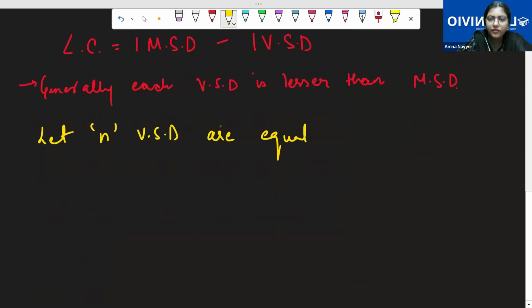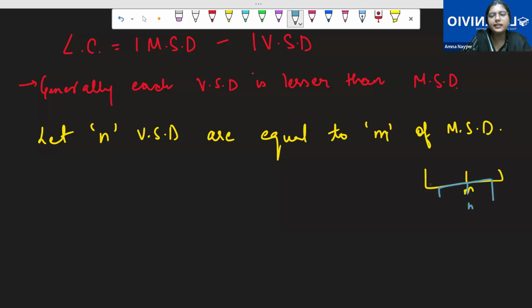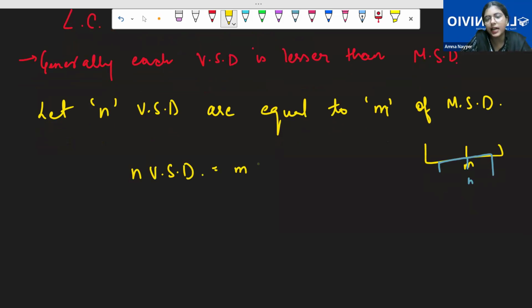Let's say n number of VSD are equal to m of MSD. Okay, means m marking from the main scale, this one m. And if I talk about the Vernier scale, from here, this n. Like this, they both are coinciding perfectly. Which it could be anything. Now you can adjust whatever it is depending upon the question. So just remember, n times VSD is equal to m times MSD.